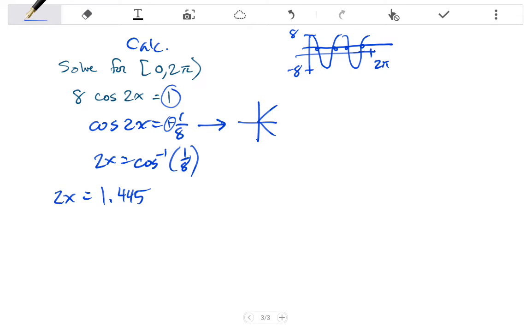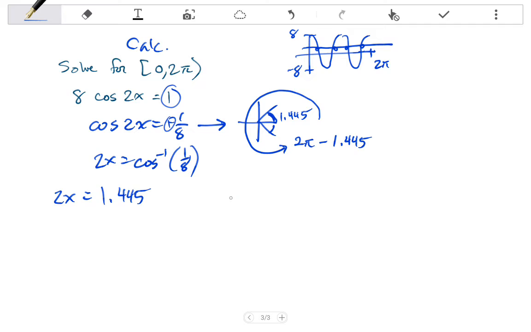So what I know is my reference angle is 1.445 here. Well, I have to find the other angle too, the one that is in quadrant 4. And how do I do that? Well, it's like a full circle, but then if this angle is symmetrical to this angle, then what I need to do is 2 pi minus 1.445.